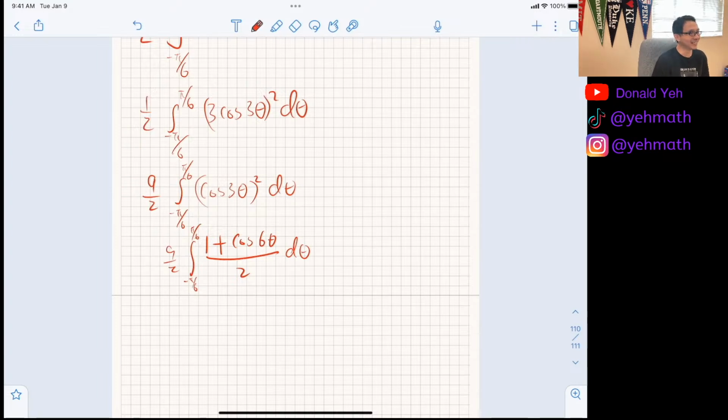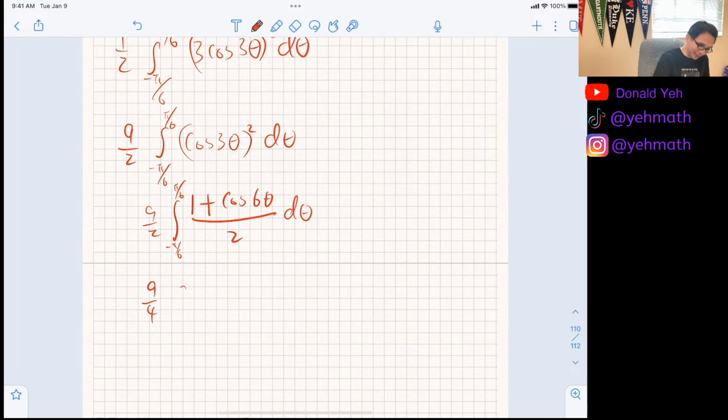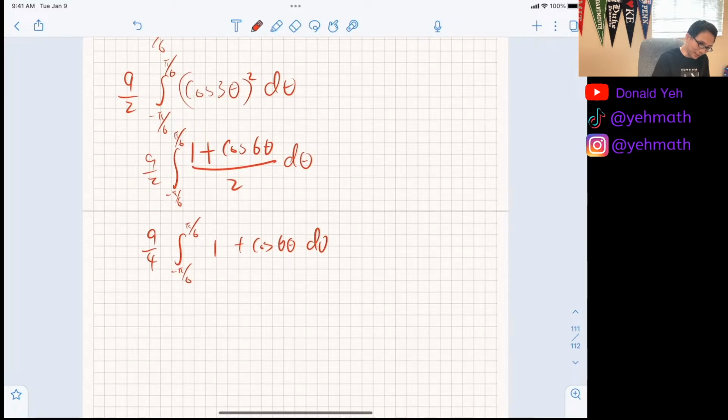You can take that one half to the outside. So 9/4. And then you can make two separate integrals, one of them being 1 and one of them being cosine of 6 theta, if you want. So this is 1 plus cosine of 6 theta. This is theta, right?